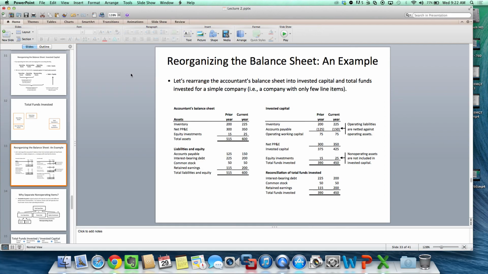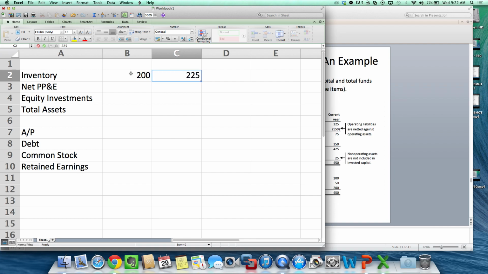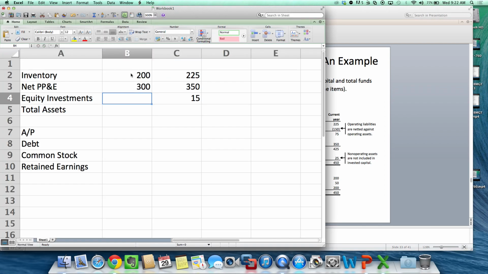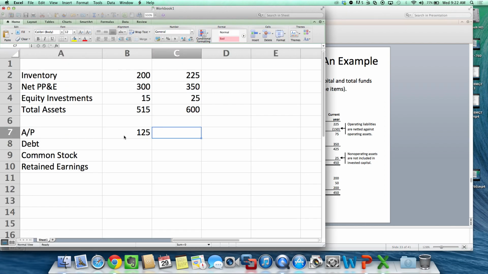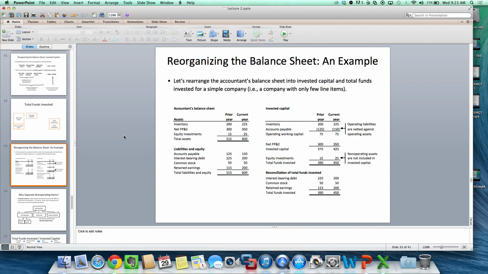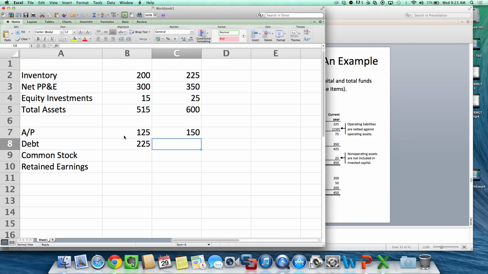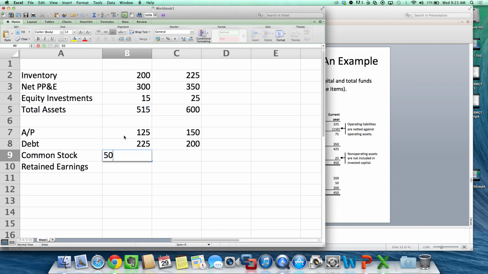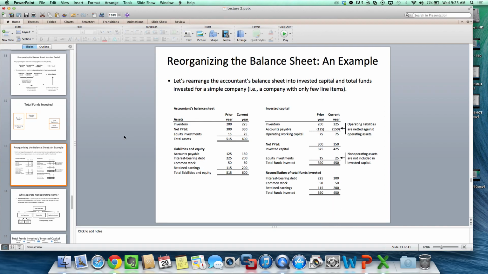So inventory: 200, 225, 300, 350, 1525, 515 and 600. We have 125, 150, 225, 200, 50 and 50, and 115 and 200.